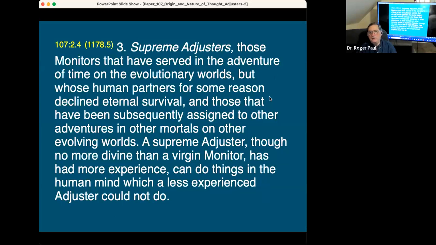So they're talking about how the Supreme Adjusters gain more experience by having experience previously before they come to an individual.